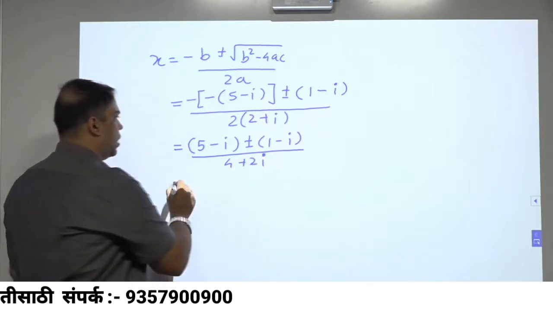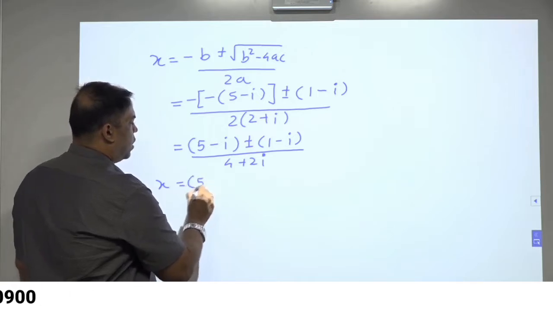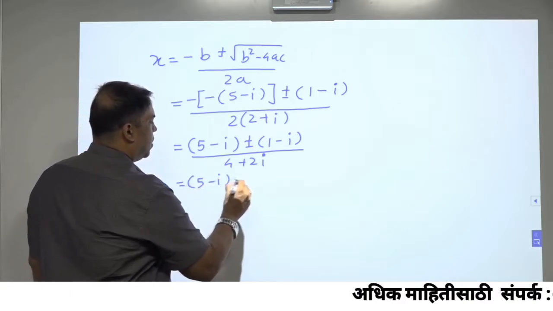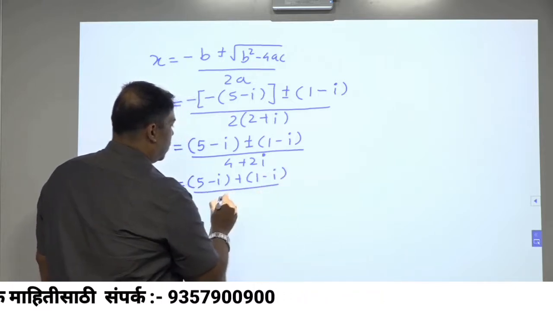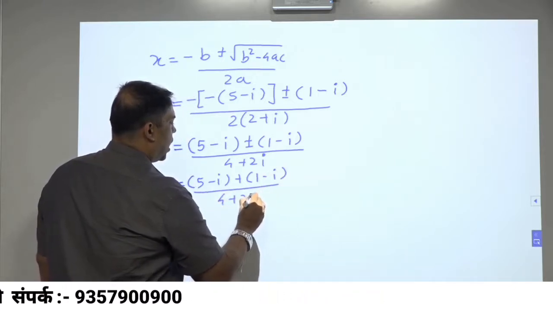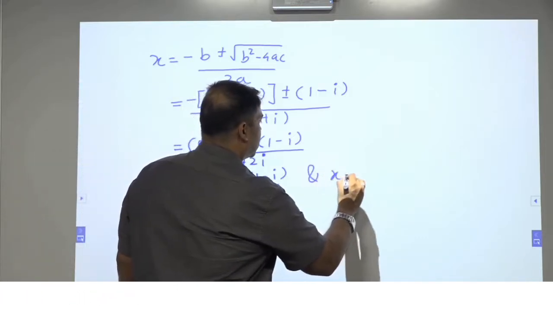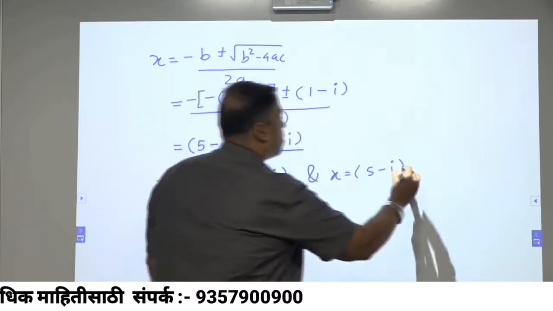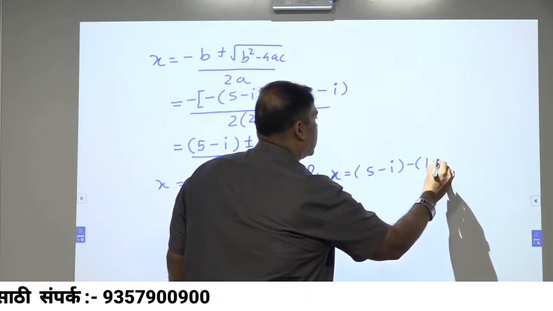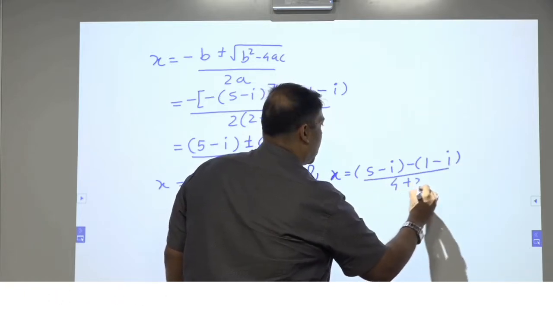So x is equal to (5 minus i plus 1 minus i) upon 4 plus 2i, and x is equal to (5 minus i minus 1 minus i) upon 4 plus 2i.